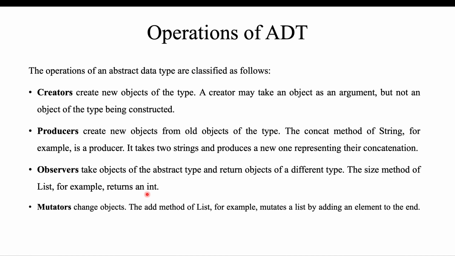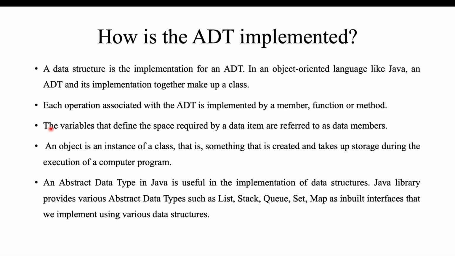Now mutators are the fourth operation, and they change the objects. The add method of the list, for example, mutates the list by adding an element to the end. So these four operations are associated with abstract data types, and we generally use these operations on abstract data types.